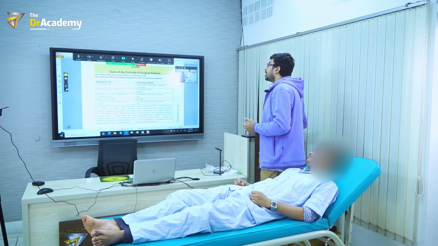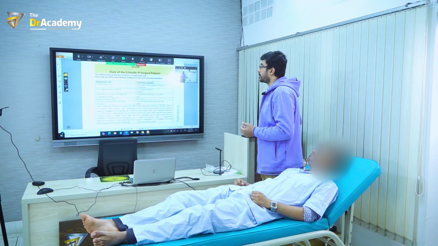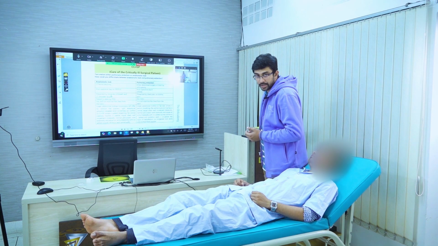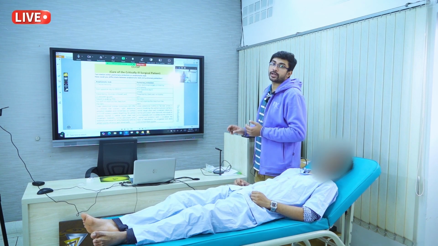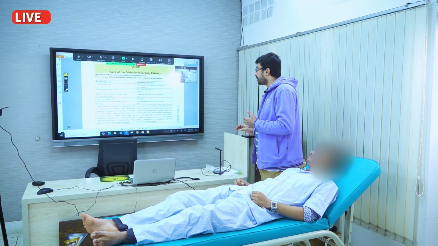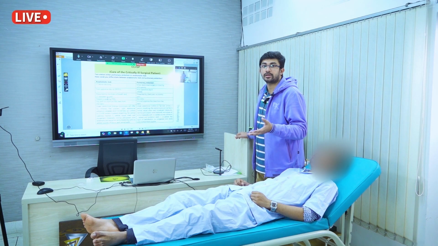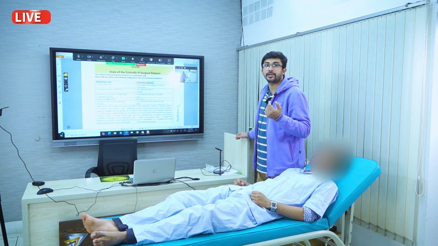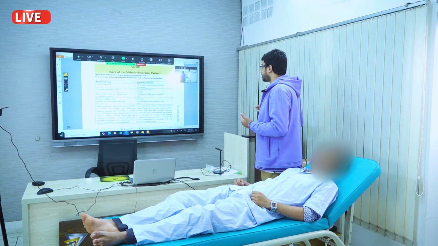An anastomotic leak might present with abdominal pain, shortness of breath and left shoulder tip pain. Why is it so? Because the free intra-abdominal collection might be irritating the diaphragm, causing pain at the left shoulder tip.